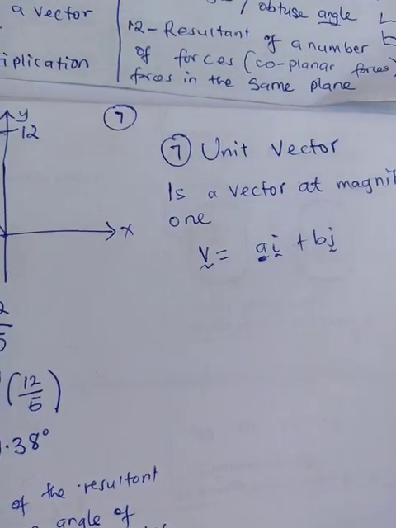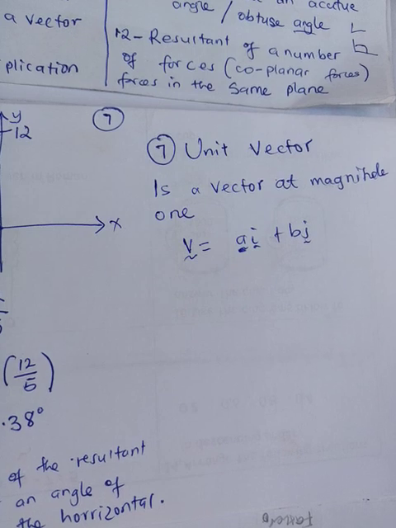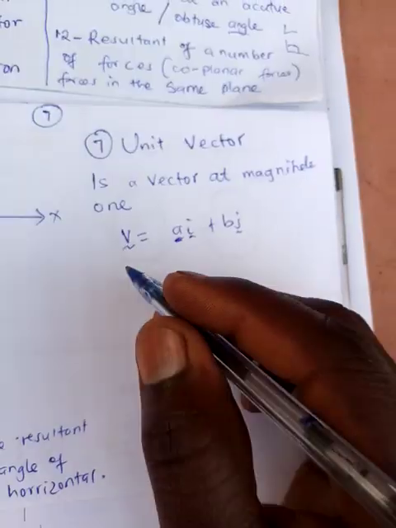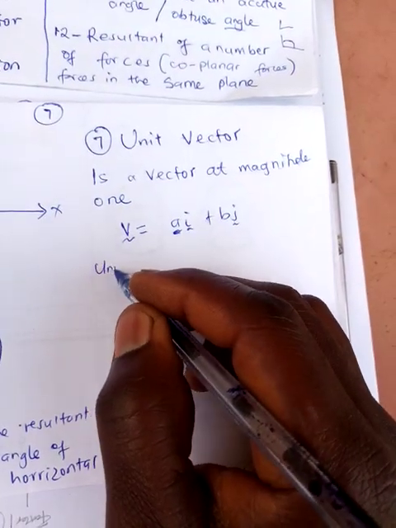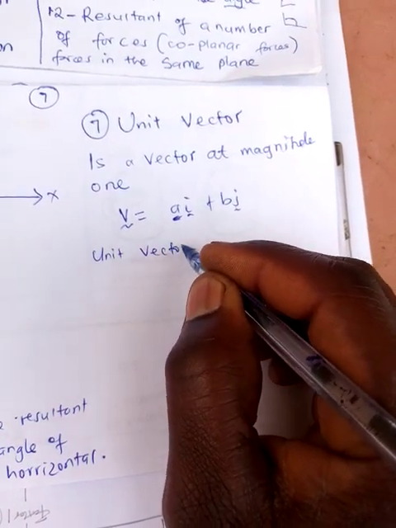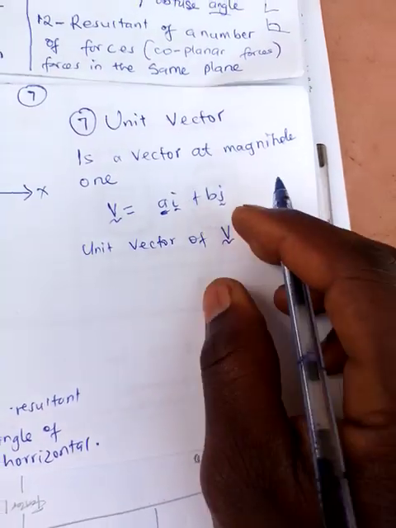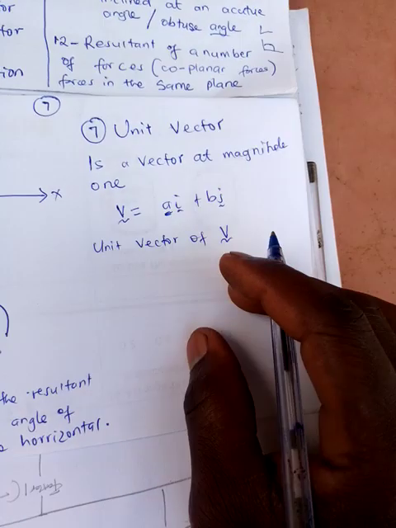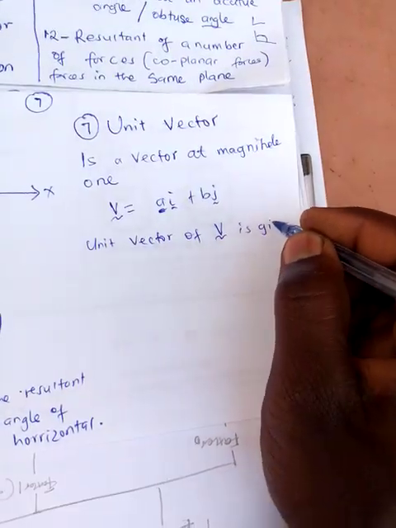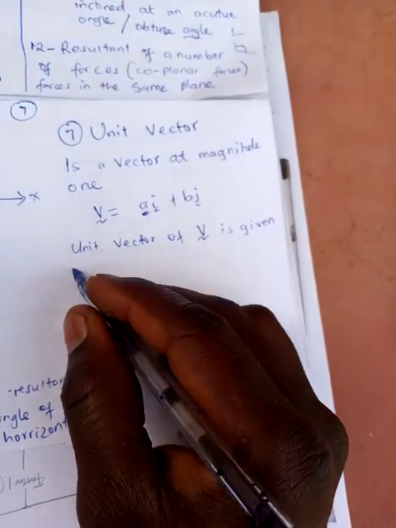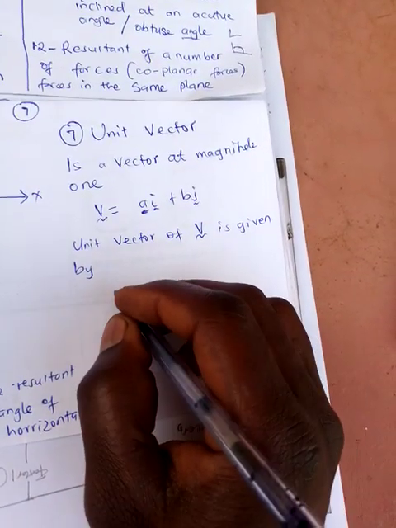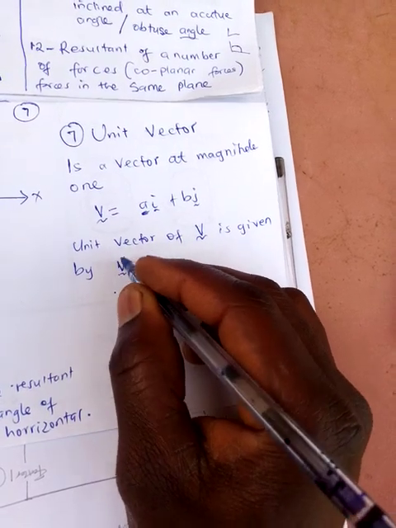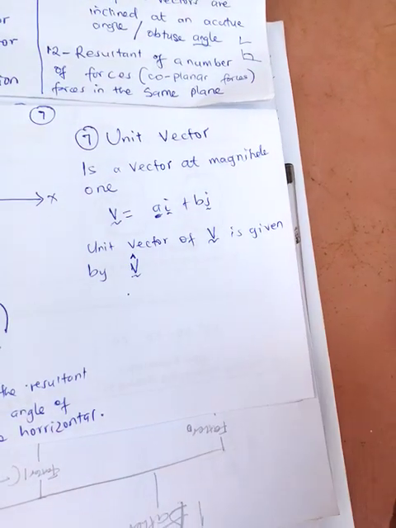Now we will need to get a formula for a unity vector. Unity vector of this V, unity vector of vector V will be given by, first of all we write it with that cap symbol up.